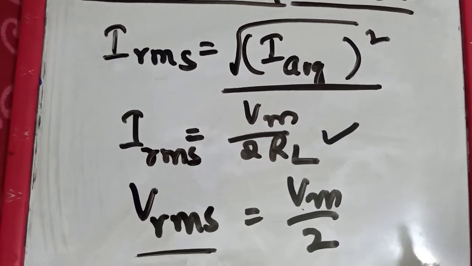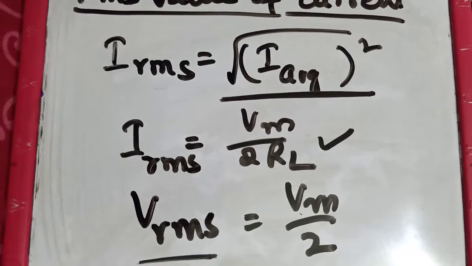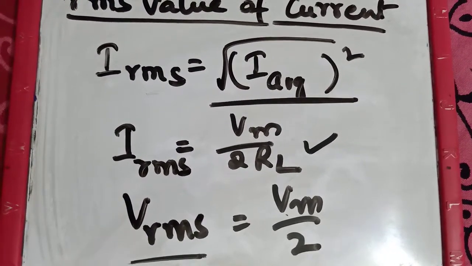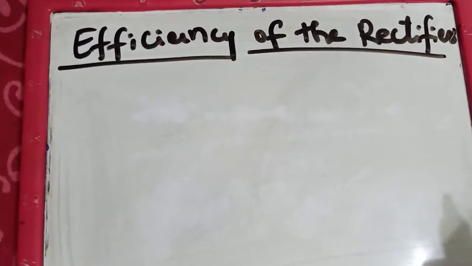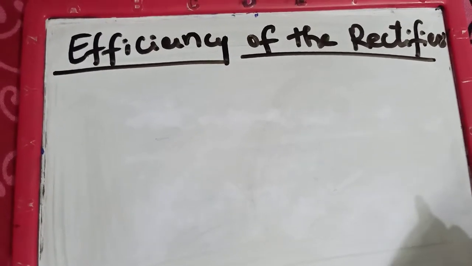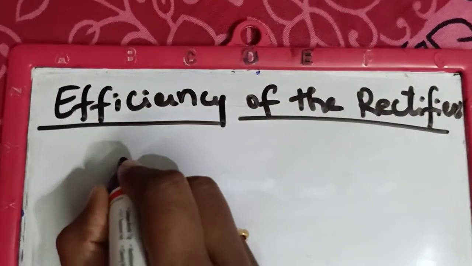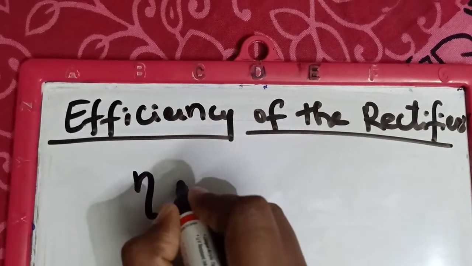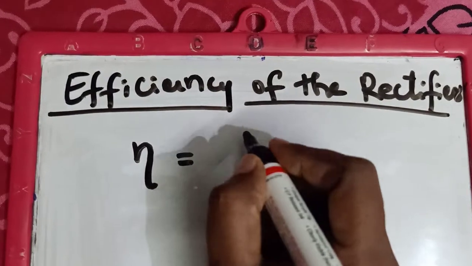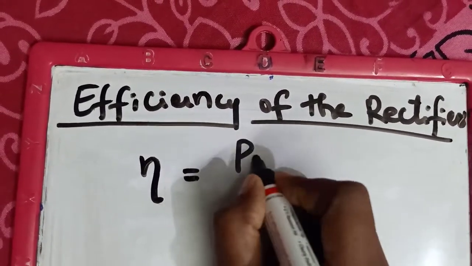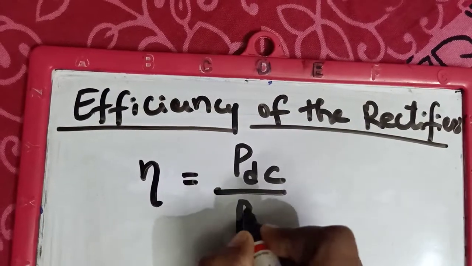the efficiency of the rectifier, it is the ratio of DC power to the AC power. It is represented by eta, and by definition it is the ratio of output power, that is PDC, to PAC.